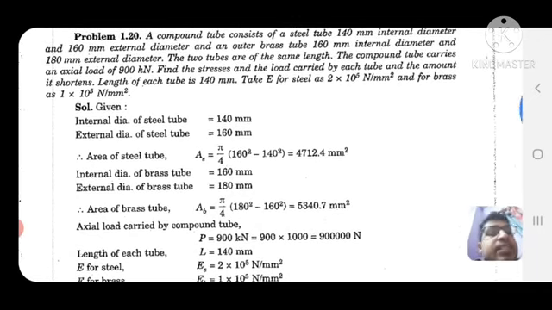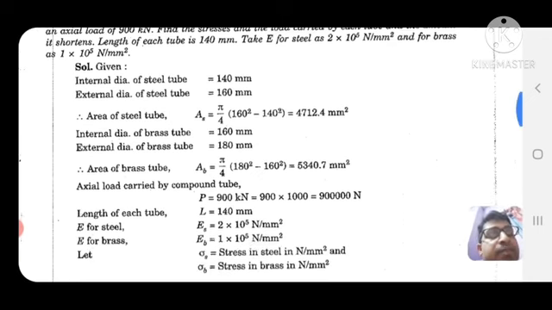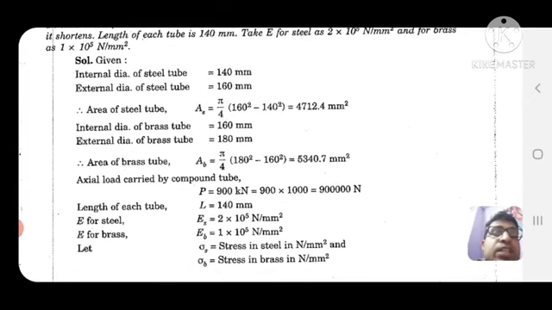Find the stresses and the load carried by each tube and the amount it shortens. Length of each tube is equal to 140 mm. Take E for steel as 2 into 10 to the power 5 Newton per millimeter square, and for brass as 1 into 10 to the power 5 Newton per millimeter square.